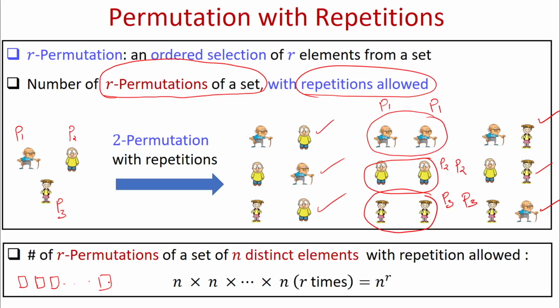And for each of those n ways, I can fill the second slot also in n ways because repetitions are allowed. Corresponding to each of the ways in which I would have filled the first two slots, I have n ways to fill the third slot and so on. So the total number of r-permutations of n distinct elements that I can form is n to the power r.